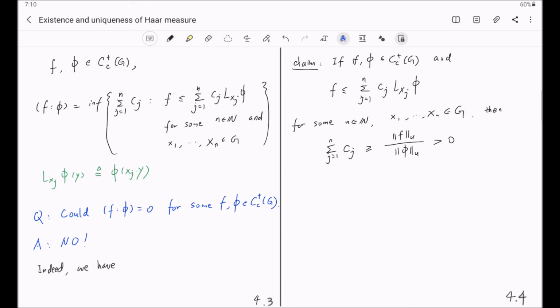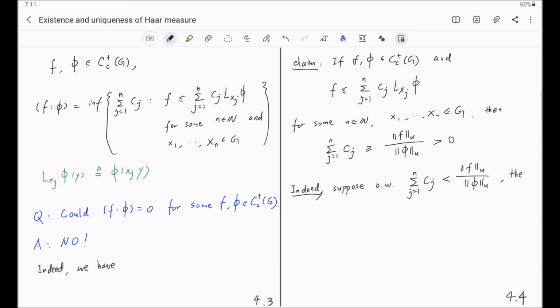This claim is easy to verify. Indeed, suppose otherwise, the sum of coefficients C sub j's is less than this quotient.